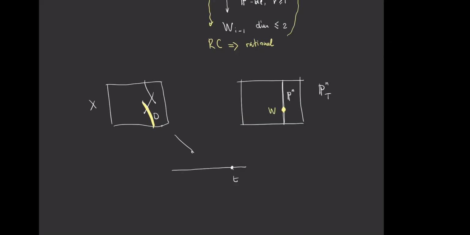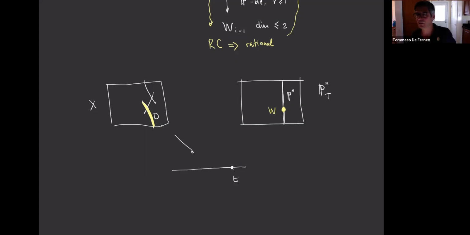Okay, now I see. Yeah, and then this is what the proof actually argues, that you're still okay, because at some point when you contract D, it has to contract onto a smaller dimensional variety, and then I use rational connectedness to conclude that this variety has to be rational, because now it's small, it's almost a surface.